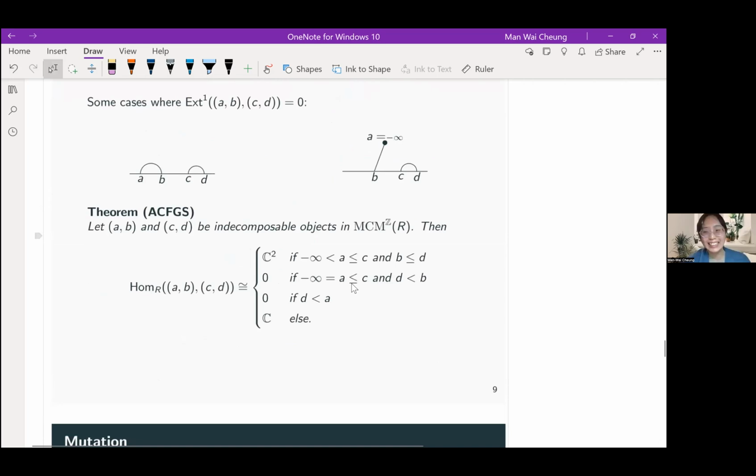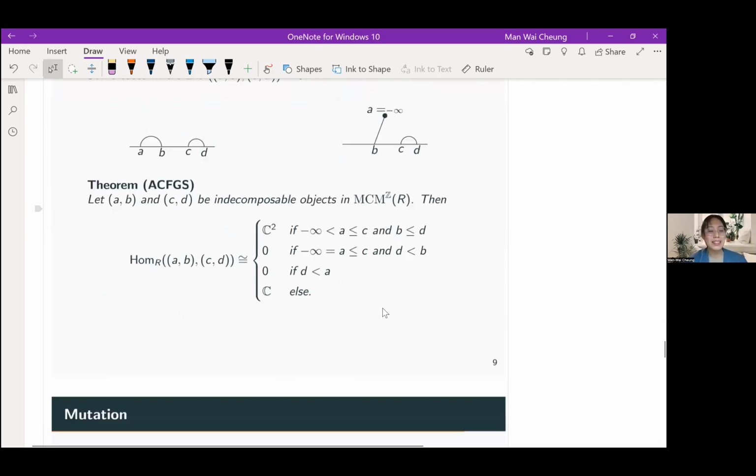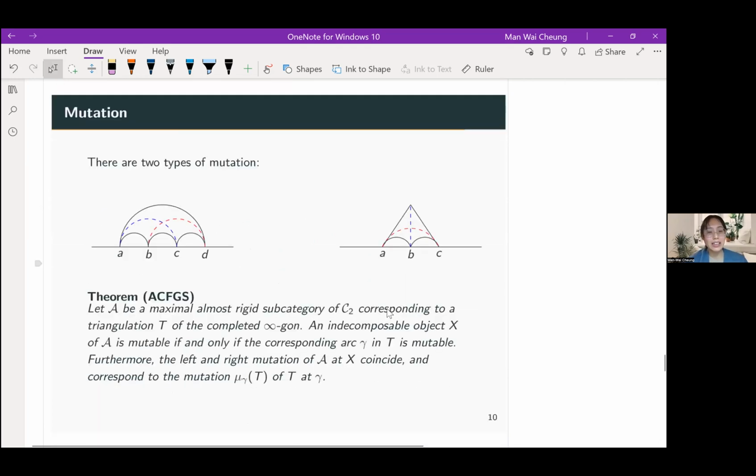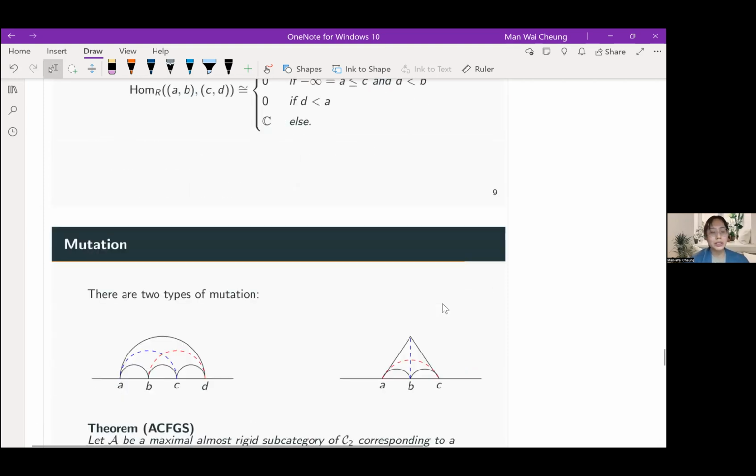And then similarly, we can have the calculation for the Hom group, which is something that we can have. And then once we have that, we can look at the mutation. There are two types of mutation. First, we can look at the picture here, which is similar to what we have for the Grassmannian, 2n, when we flip the diagonal.